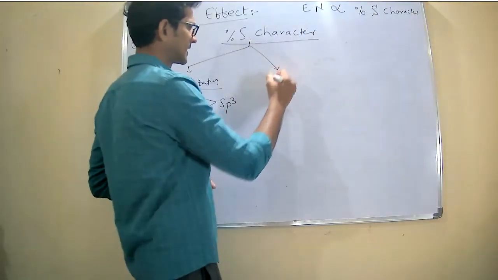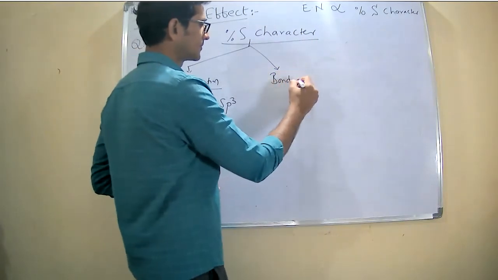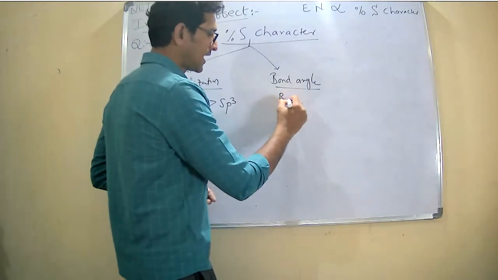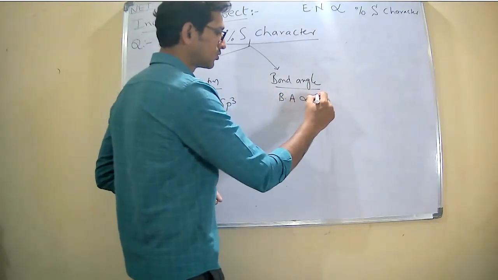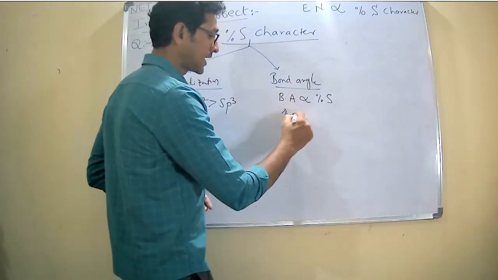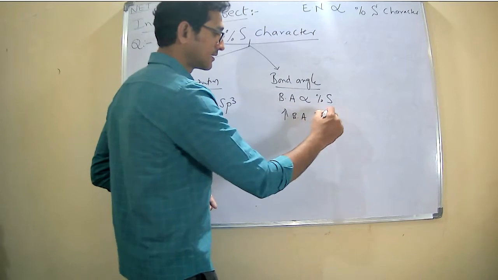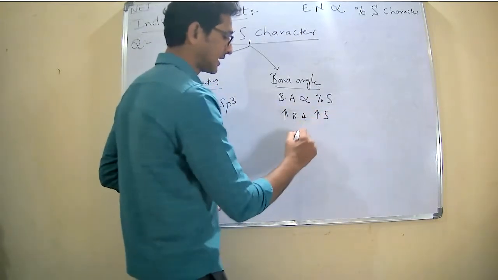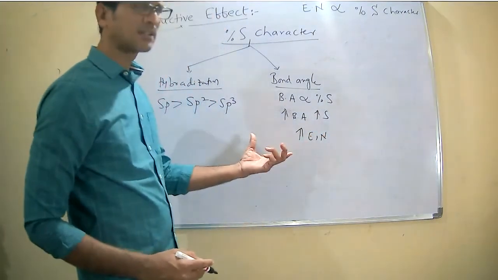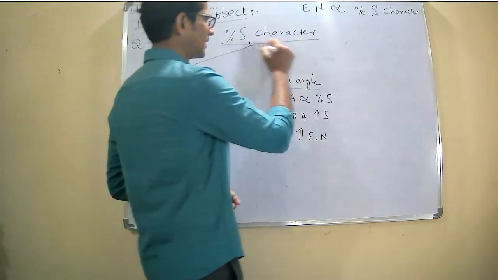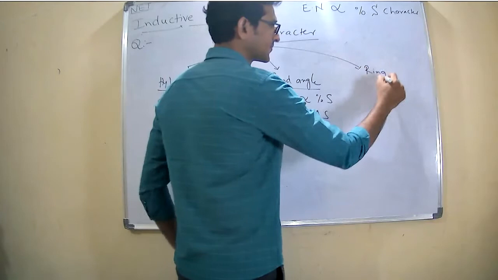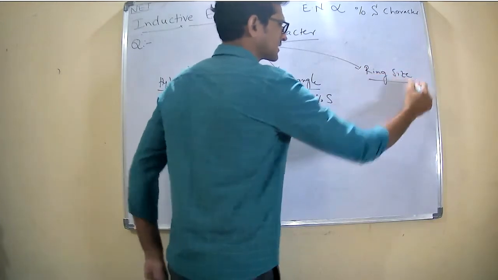Second one, bond angle. Bond angle is directly proportional to the percentage of S character. As bond angle increases, S character increases. As S character increases, electronegativity increases. And we will discuss one example. One more is ring size.